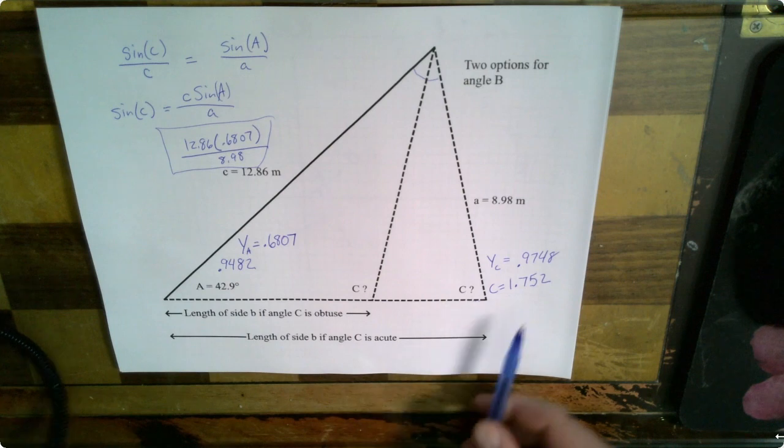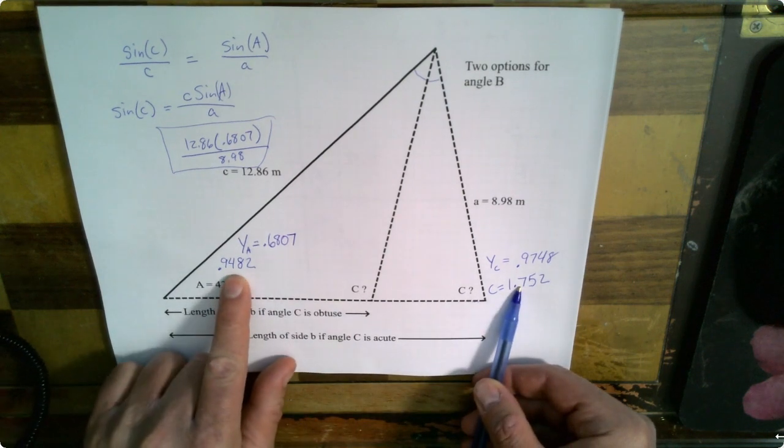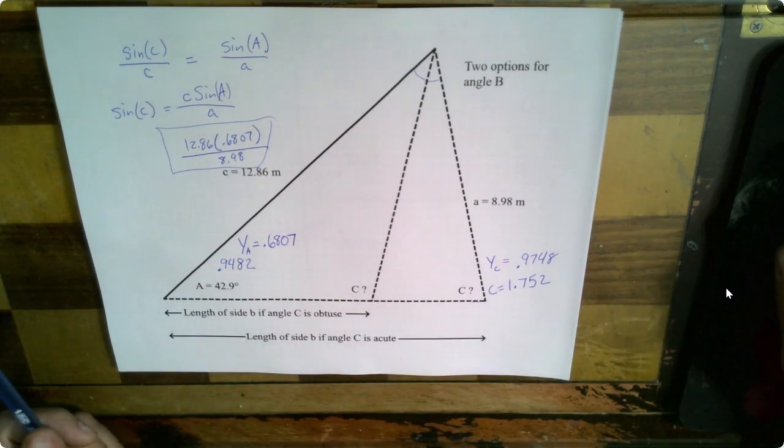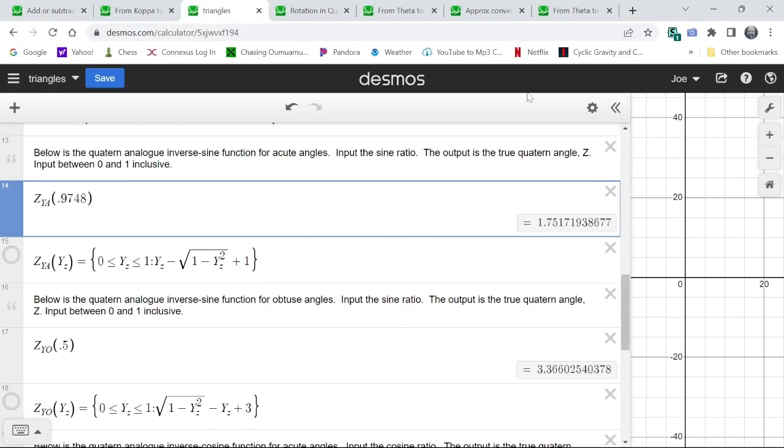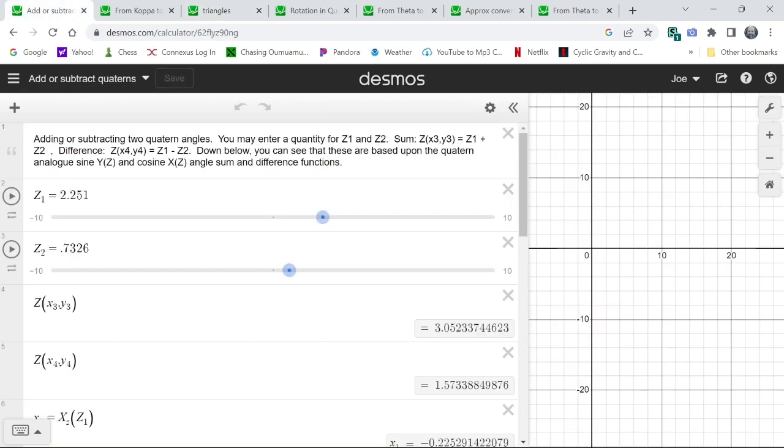And so I am going to go and add these two angles, and it will conform to this formula, which is in the paper, which is the angle addition formula. But I can do it at this site where it is entitled, and I will link this, where you just enter angle 1, you enter angle 2, and it uses that algebraic formula.